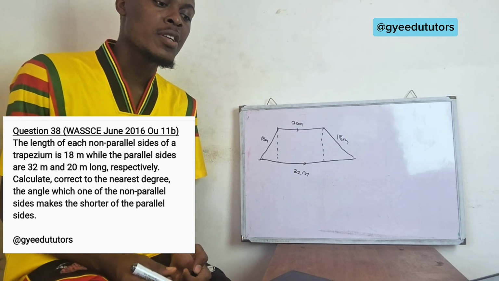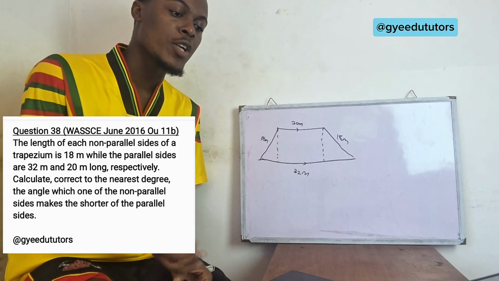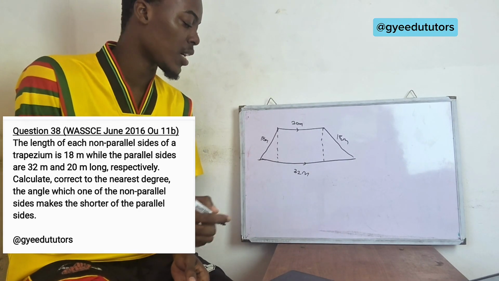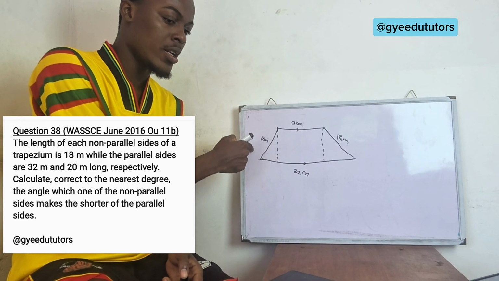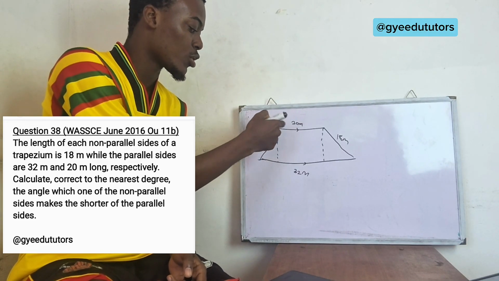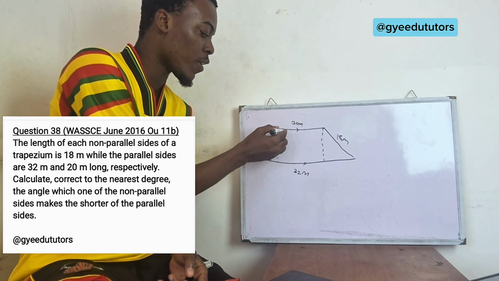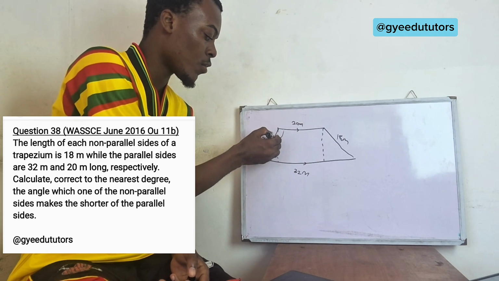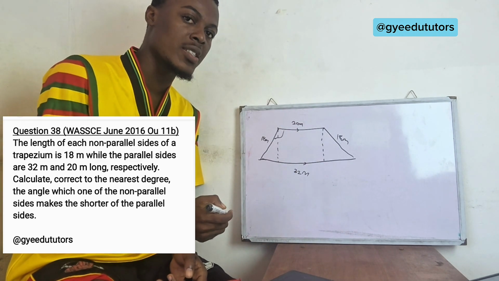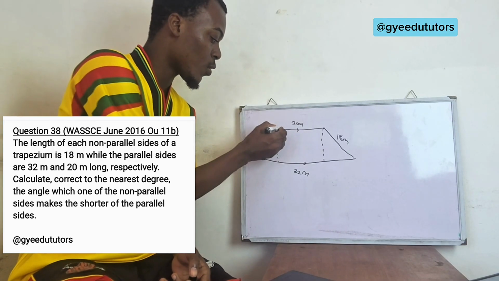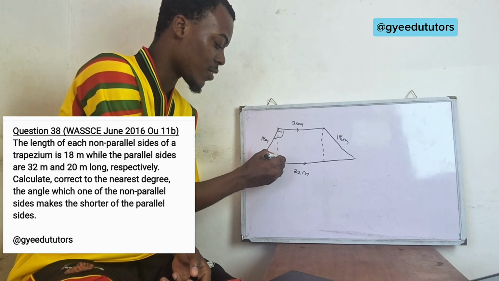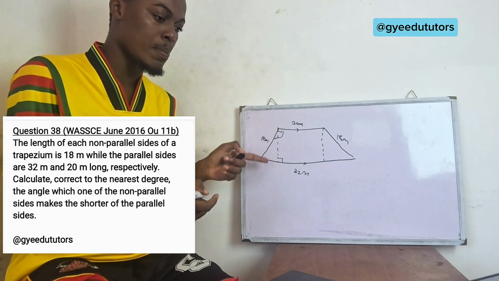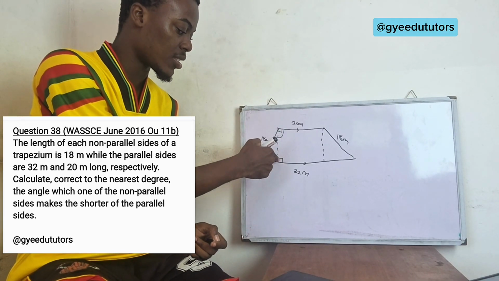Calculate, correct to the nearest degree, the angle which one of the non-parallel sides makes with the shorter of the parallel sides. So this non-parallel side meets the shorter side, and we are to find this angle. But mind you, guys, here is already 90 degrees, the same for this side, because the perpendicular cuts the line into two.